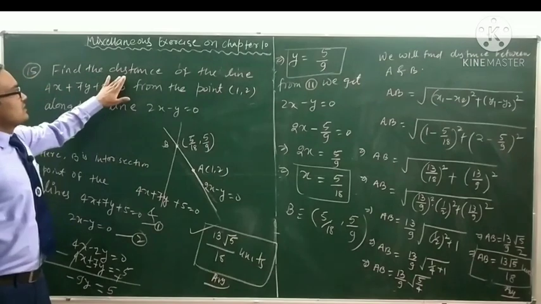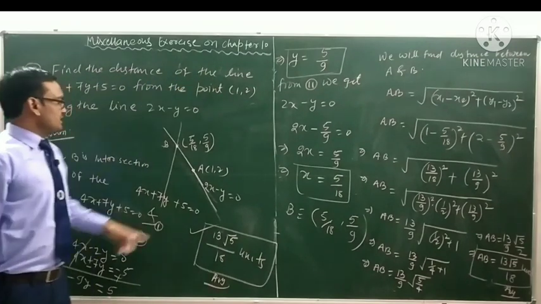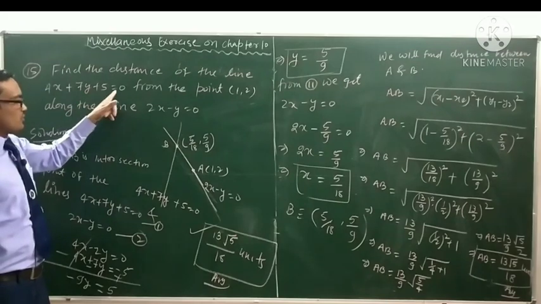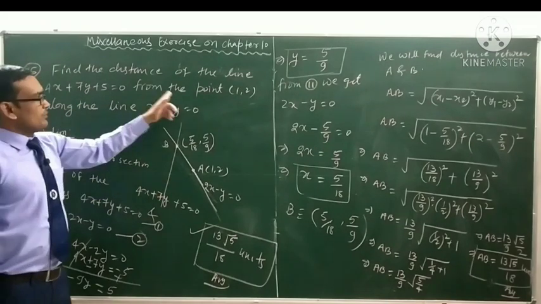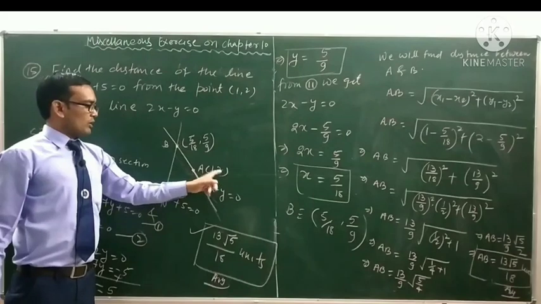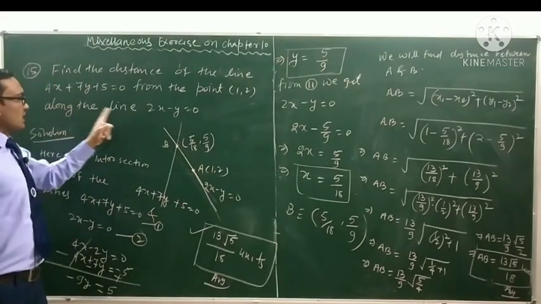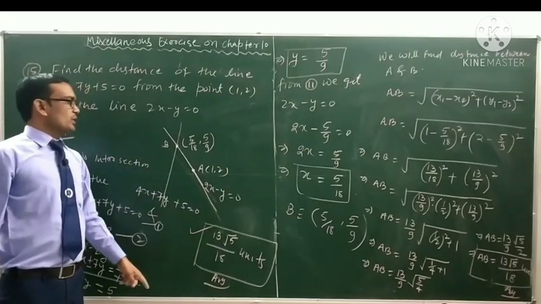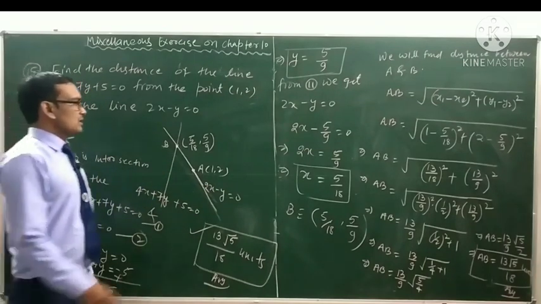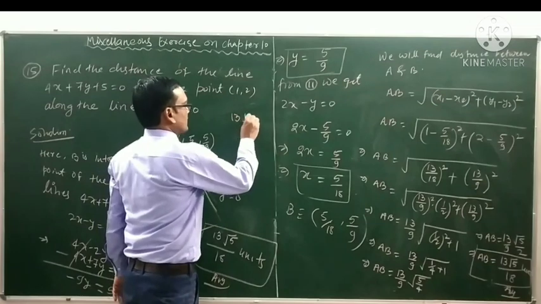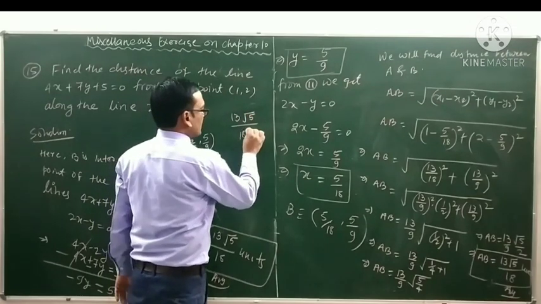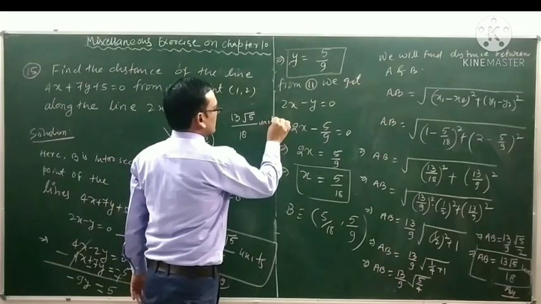The distance of the line 4x plus 7y plus 5 equal to 0 from the point (1, 2) along the line 2x minus y equal to 0 is 13 square root 5 upon 18 units.